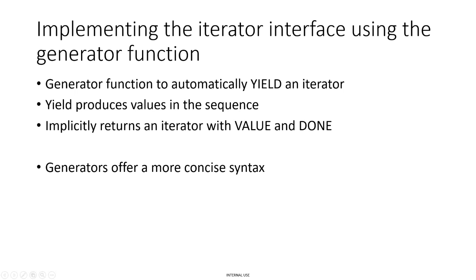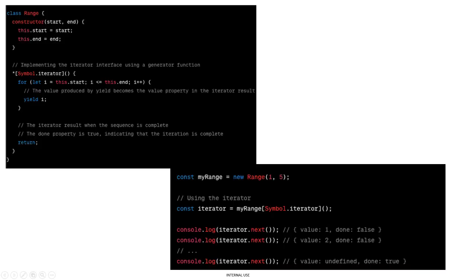You don't need to explicitly define that, but you can. On the last slide, we see an example of this, the same range example, implementing the iterator interface using a generator function. The value produced by yield becomes the value property in the iterator result. So think of yield here as the value property.